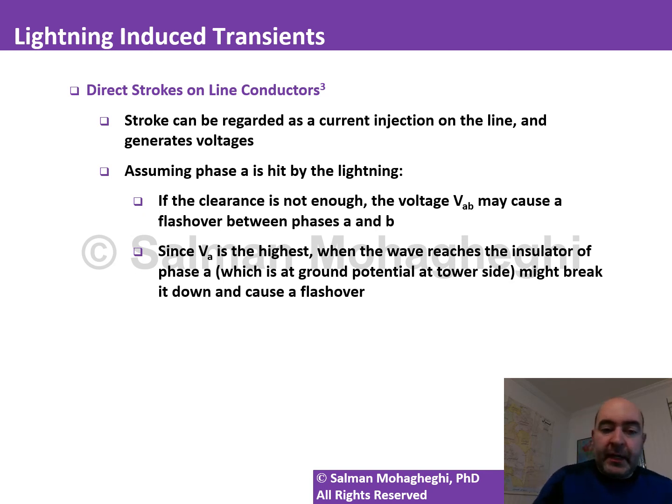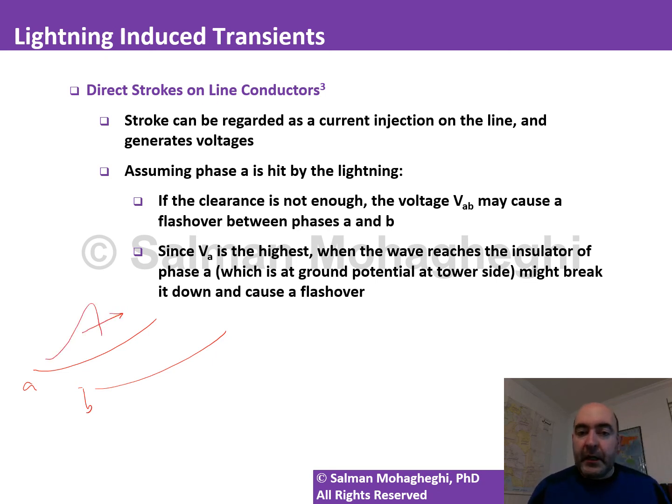First of all, if, for example, you have these phases A and B, and you have this current pulse injected into phase A, it will generate overvoltages, and if the voltage between phase A and phase B increases so much that it exceeds the breakdown strength of the air in between, you might have a flashover between the two phases, leading to a line-to-line fault.